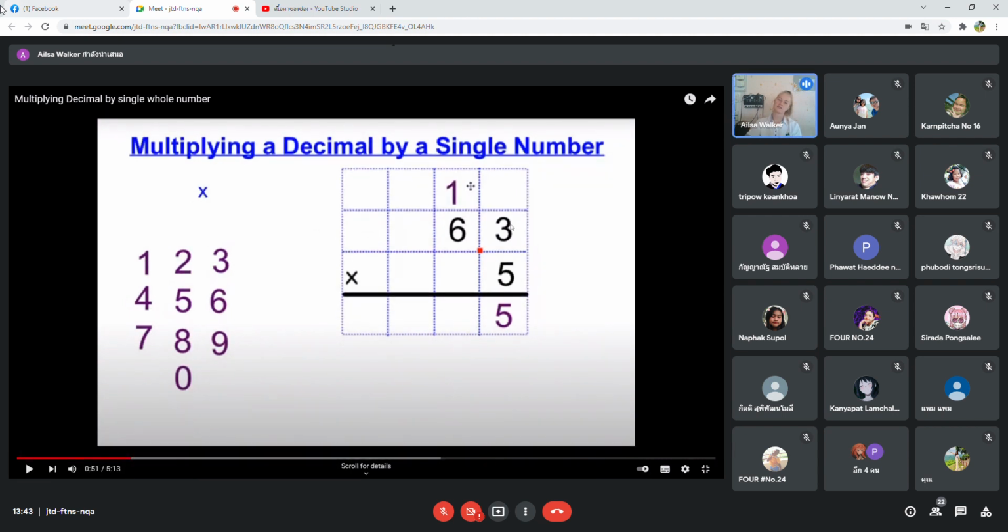Okay, so first we did 3 times 5, which equals 15. Good. 5. So 5 here, and we carry the 1 here. Then I multiply 6 by 5.